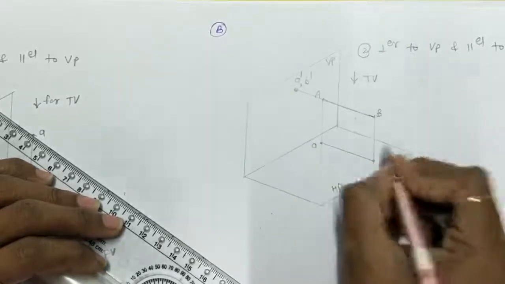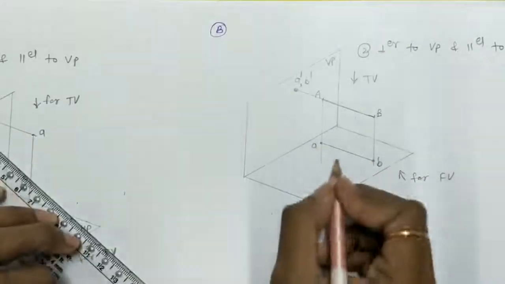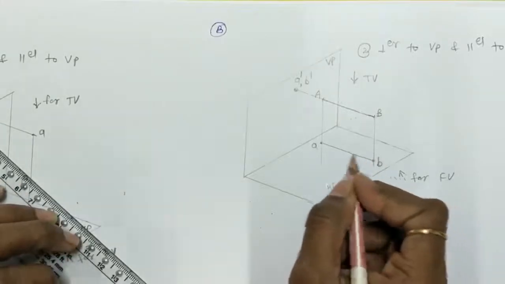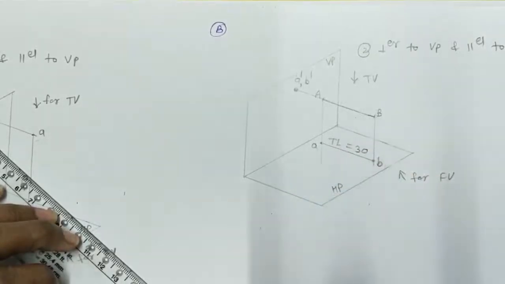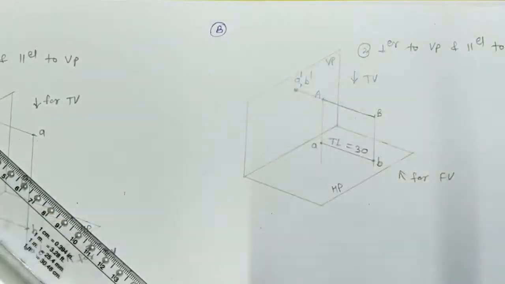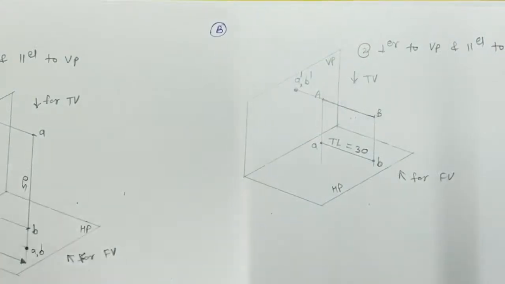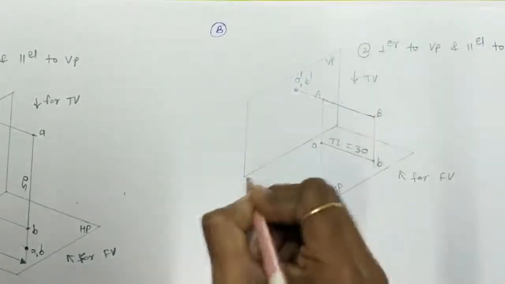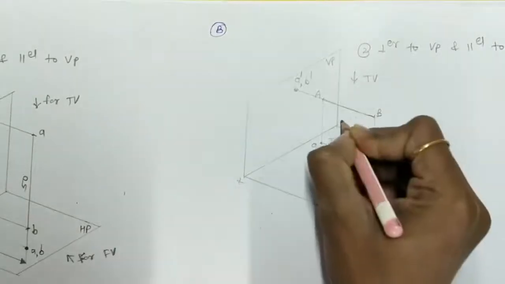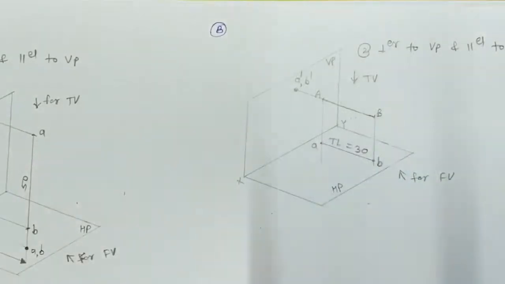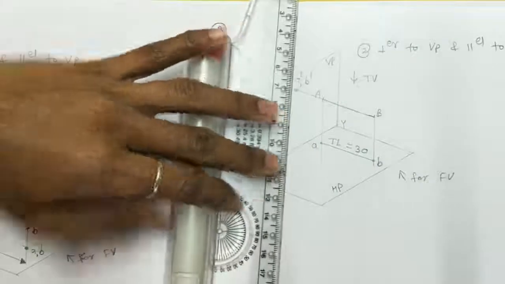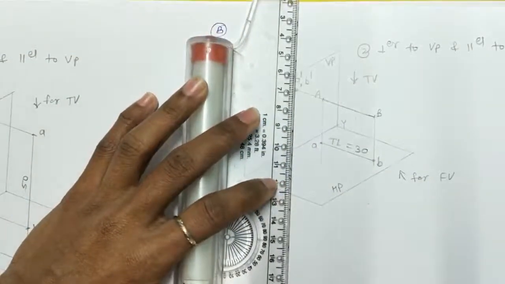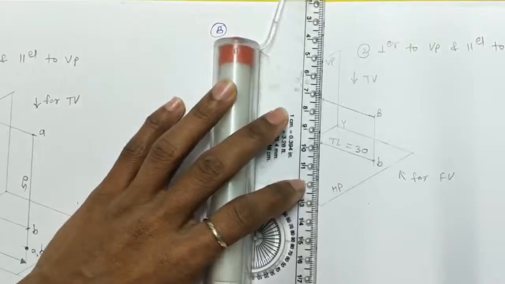Give names to these points as point A and B. So in top view, the true length will occur, which is 30, and in front view a dot will appear as A dash and B dash. This is the intersection line X and Y. Now this line is perpendicular to VP and parallel to HP.